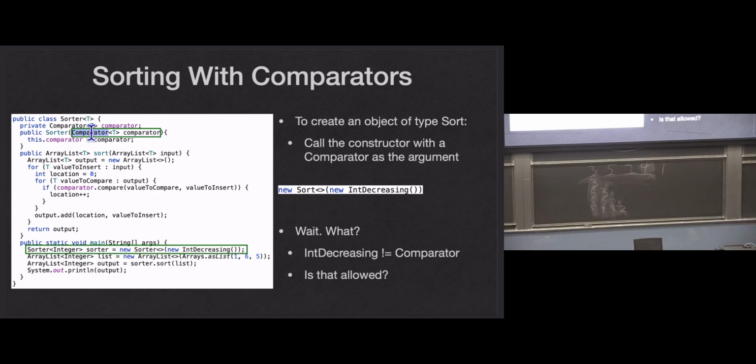I can provide song title comparator, song Bayesian average comparator. I can provide all those comparators wherever something takes a comparator, as long as the type parameter matches. So my sorter of integer takes a comparator of integer. Since int decreasing extends comparator of integer, this code is valid and everything works fine.